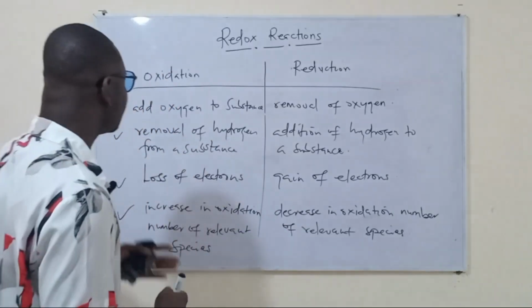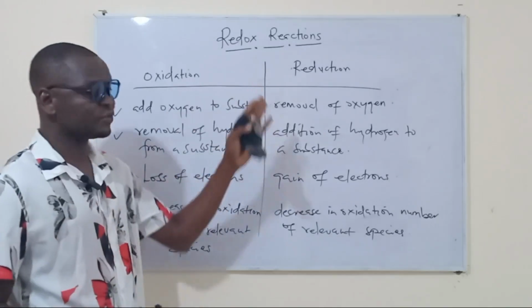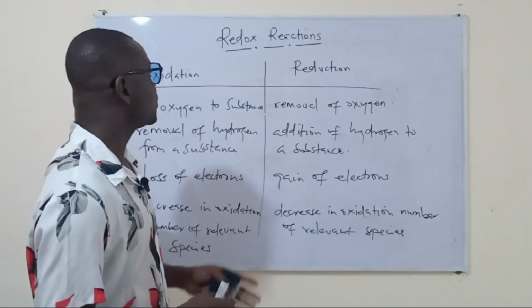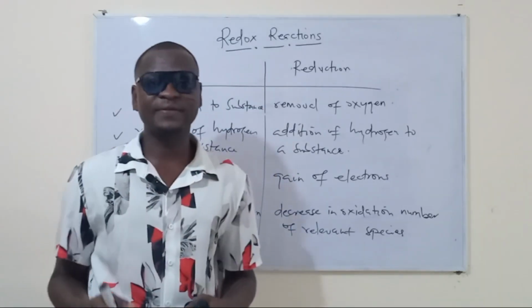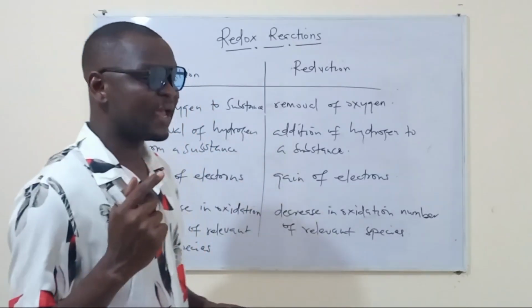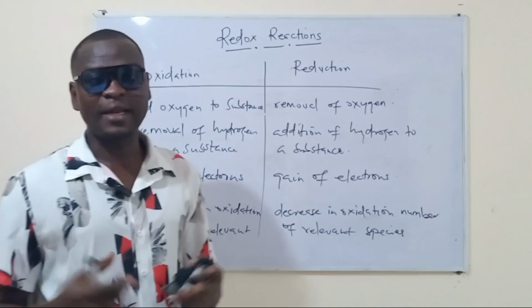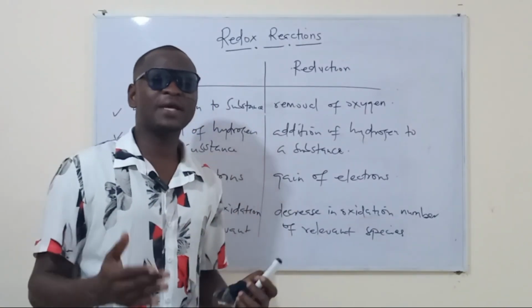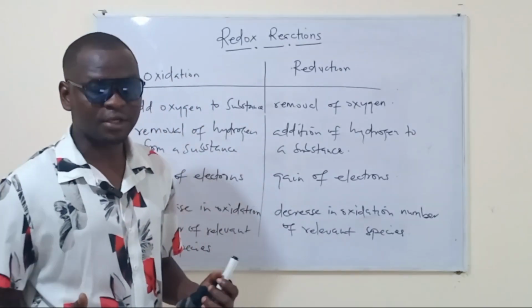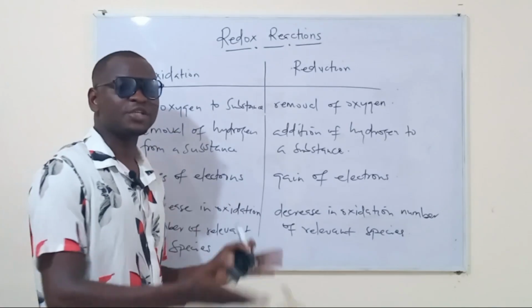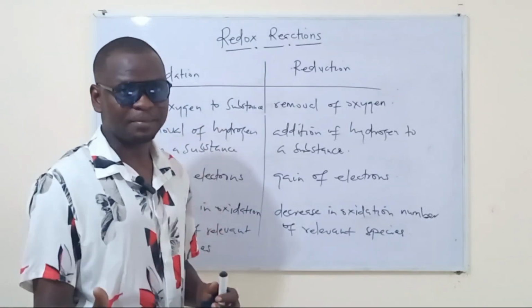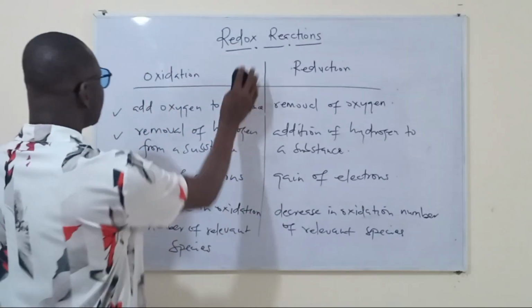Now that we have seen the definitions for reduction and oxidation, let's look at what redox half reactions are. When we talk about a half reaction under redox, it's basically a reaction or equation that has an oxidation part and a reduction part.